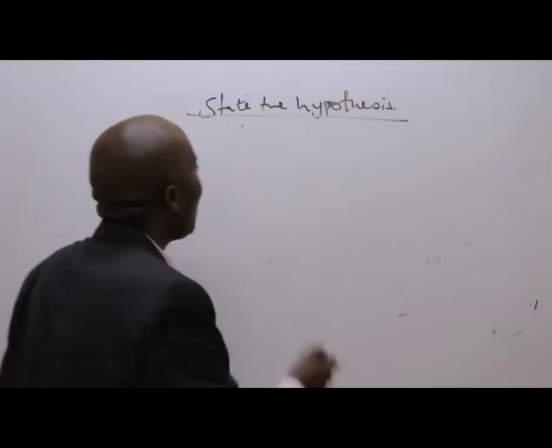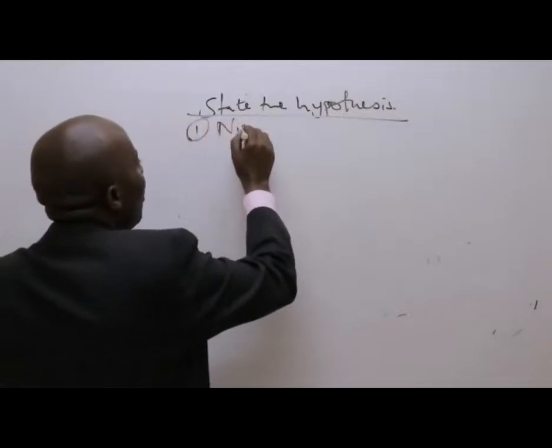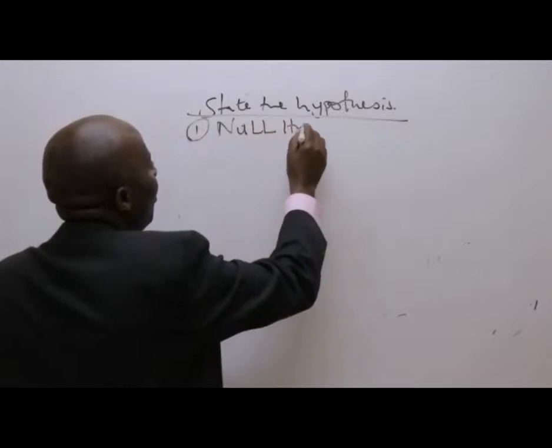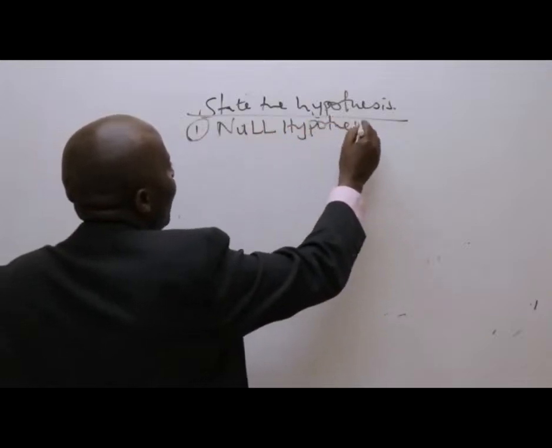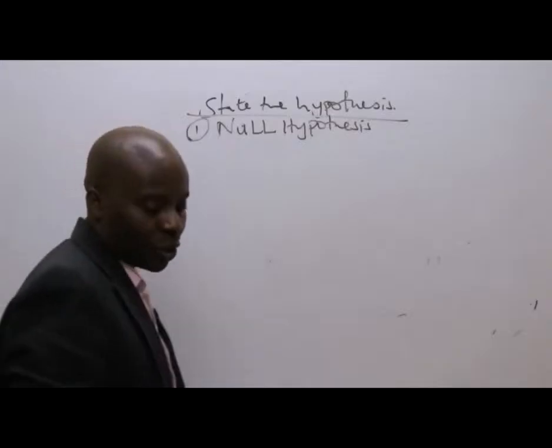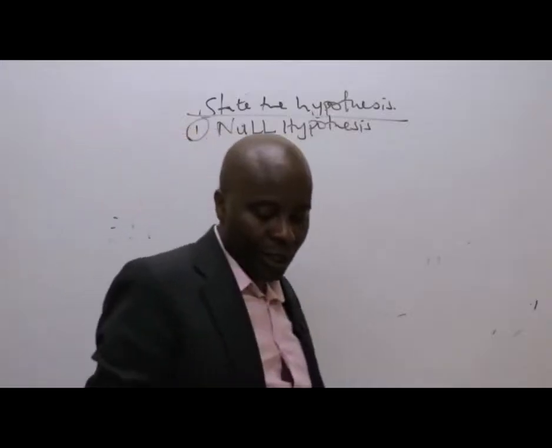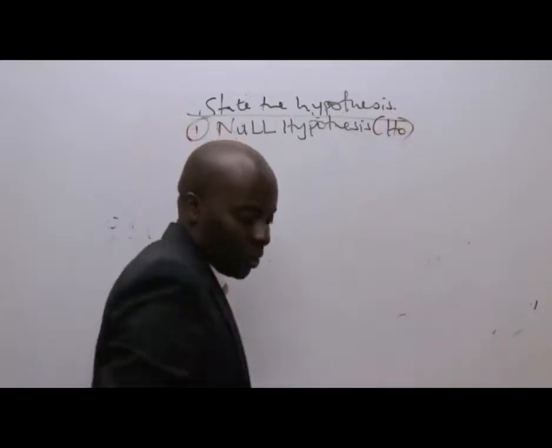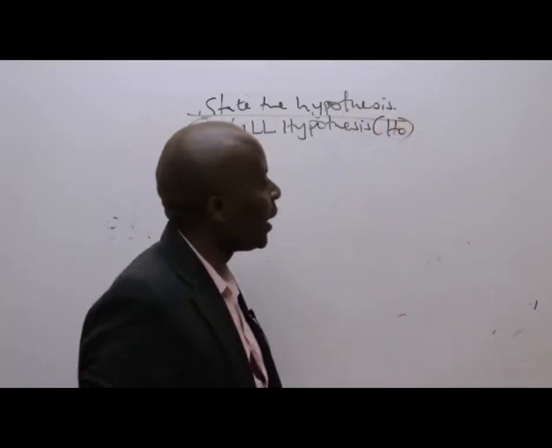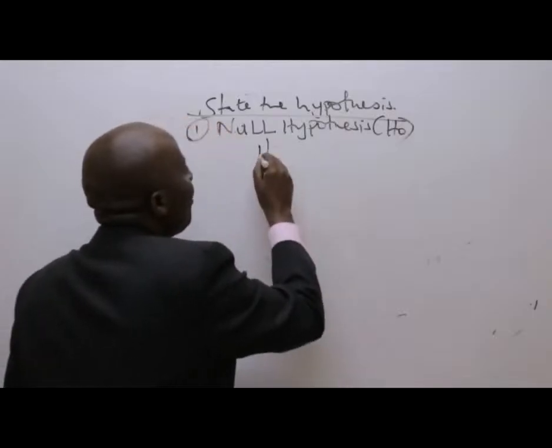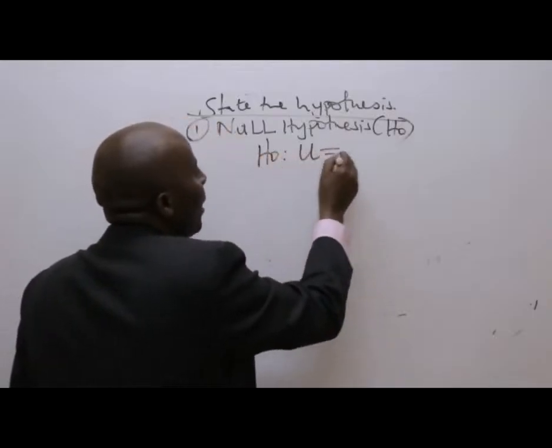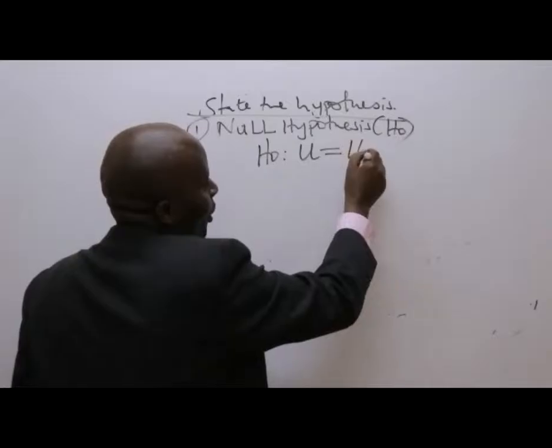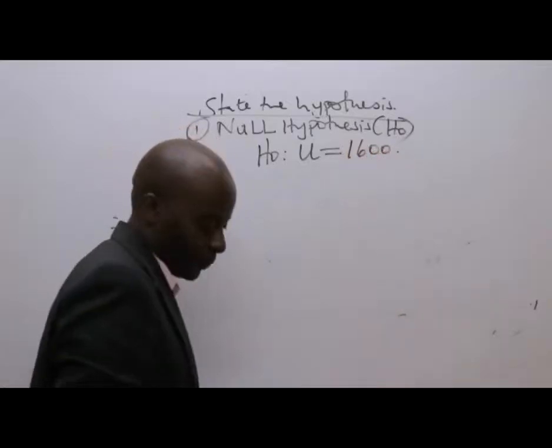The first claim is the null hypothesis, which we shall be abbreviating as H0. My null hypothesis says that mu will be equal to 1600.